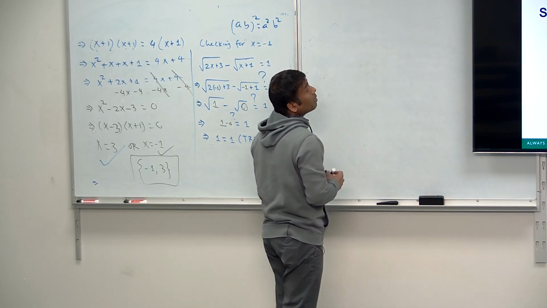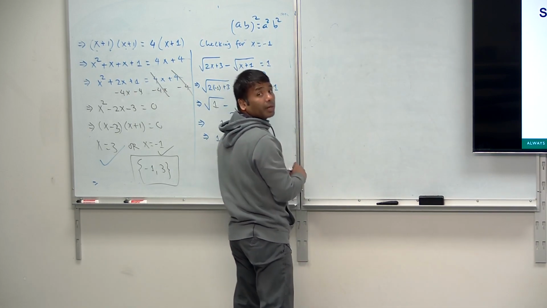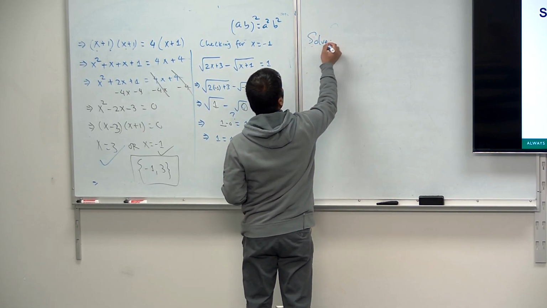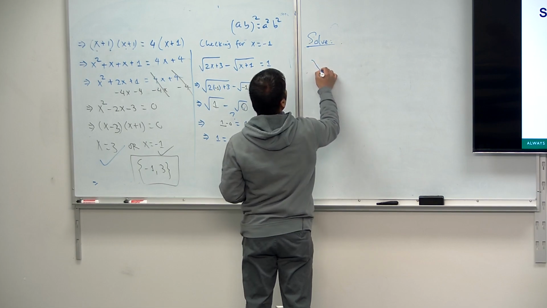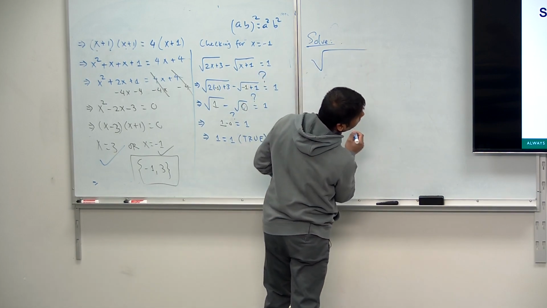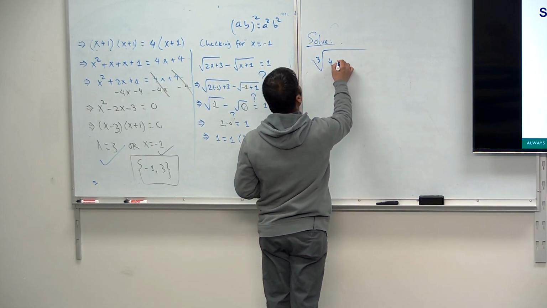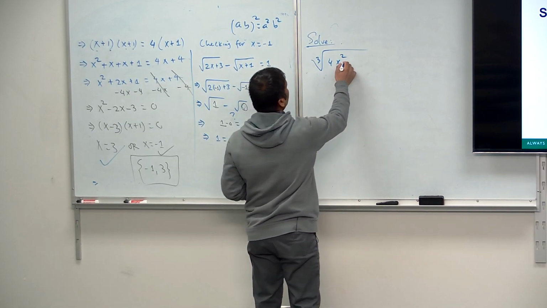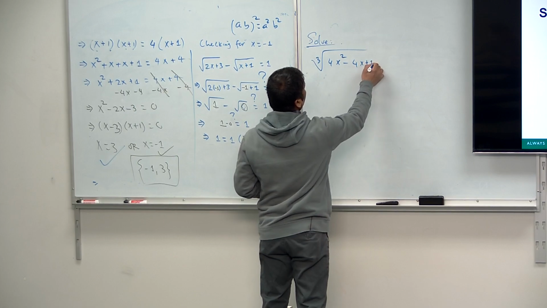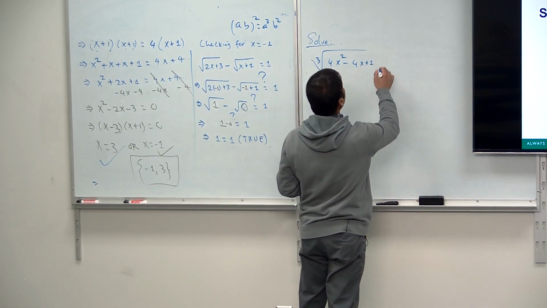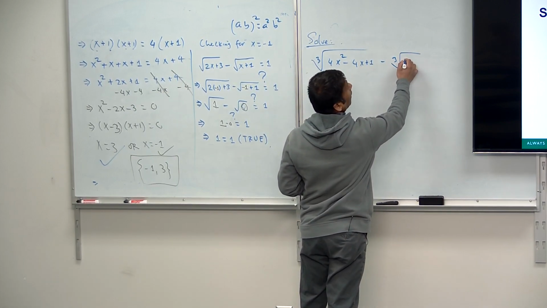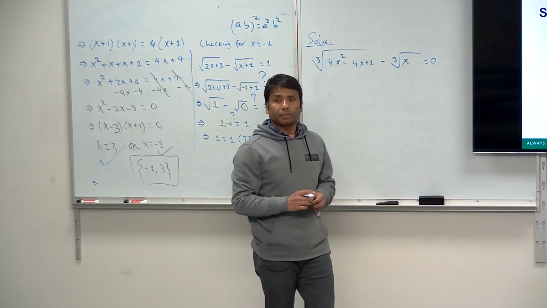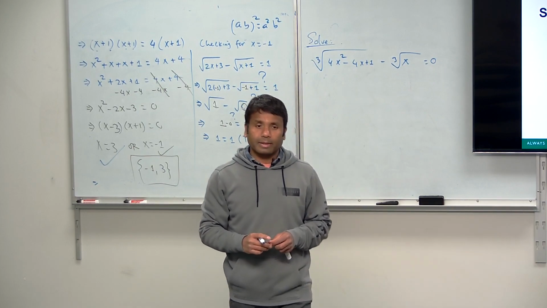So you have the cube root of 4x squared minus 4x plus 1, right? You need to solve the cube root of 4x squared minus 4x plus 1 minus the cube root of x equal to 0, right?